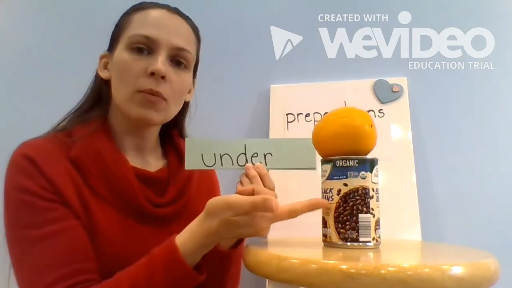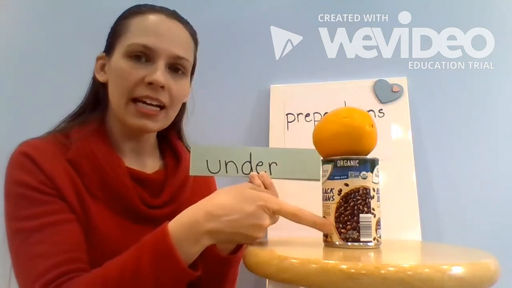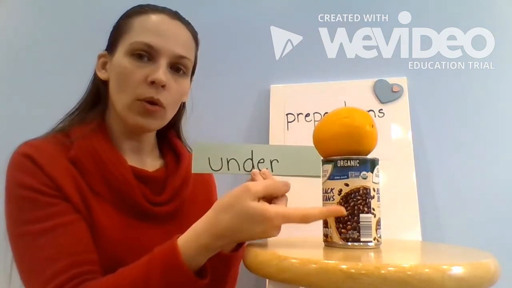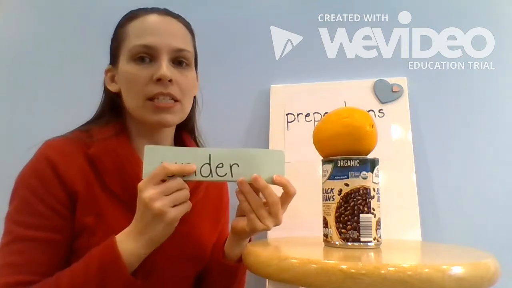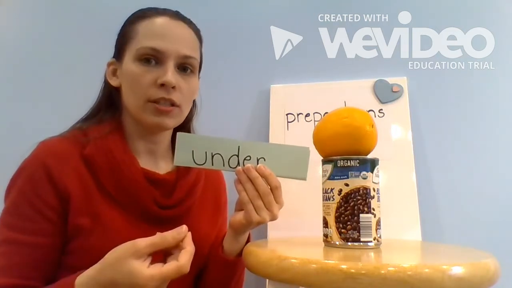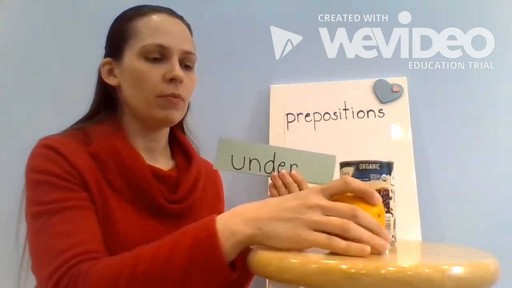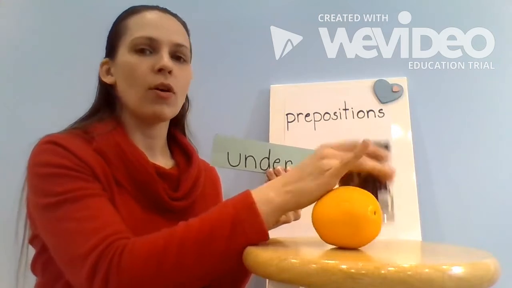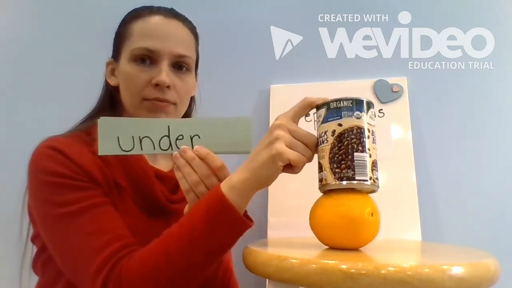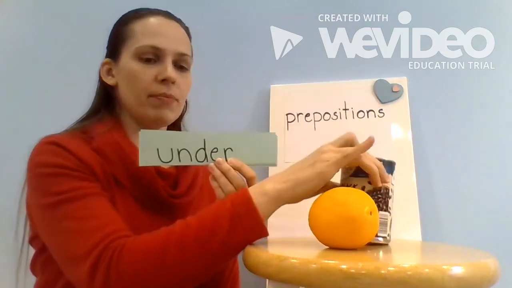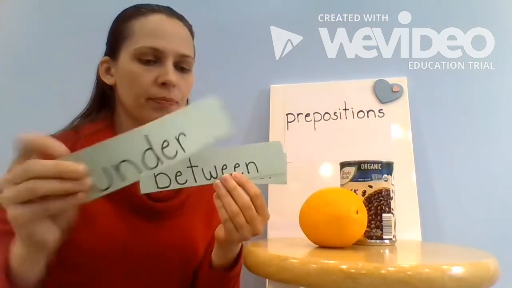So now if we want to talk about the can, we can say the can is under the orange. Okay? So the thing that matches the preposition needs to go first, right? So here, we need to say this first. The orange is under the can. All right? So that's under.